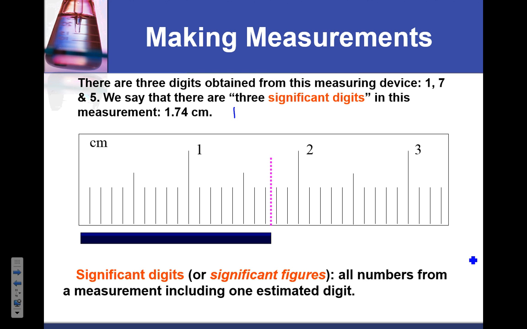So 1.74, 1.75, both of those would be valid measurements for this. That's because we're estimating in that last digit to get a more precise measurement. Both of these numbers would have three significant digits. So remember, all of our exact or known digits plus our estimate would be significant. So measuring this bar with this ruler, we would end up with a number that has three significant digits.